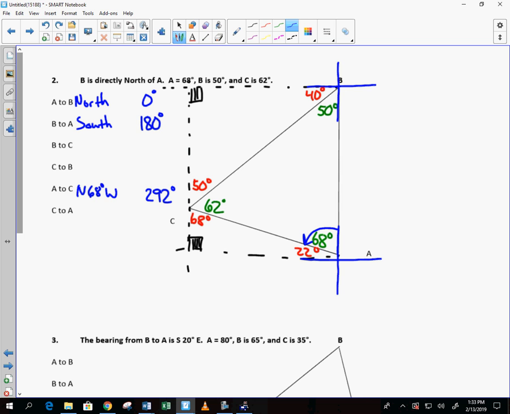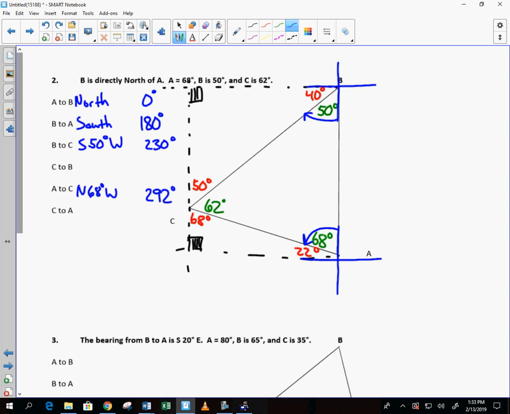B to C. Southwest. From south, how many degrees do you turn towards the west? 50. 50 past 180, so 230.